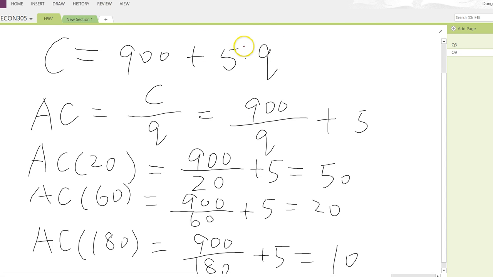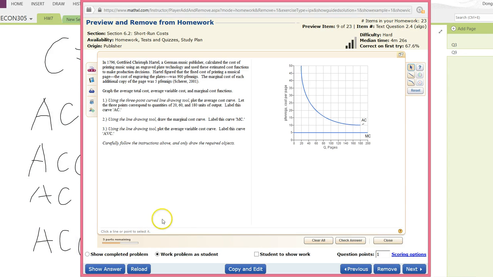So this part, 5Q, is the variable cost. The average variable cost is basically 5 times Q divided by the quantity Q, so that equals 5. So the average variable cost is the same as the marginal cost. So these two lines coincide with each other.